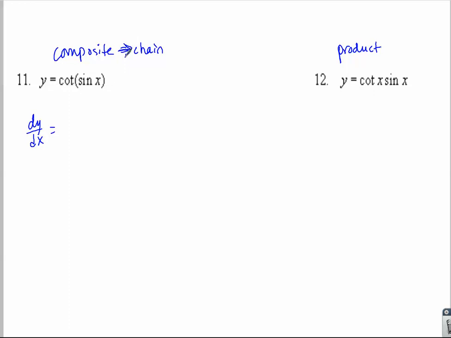Composite means do the chain rule. So first, I do the outer function. The derivative of cotangent is negative cosecant squared. The inside stays the same. Now, I can eat the chocolate. Derivative of sine is cosine of x. Rearrange it if you want to, or don't. It's the same, but you probably should put brackets here to make it a little bit more correct.